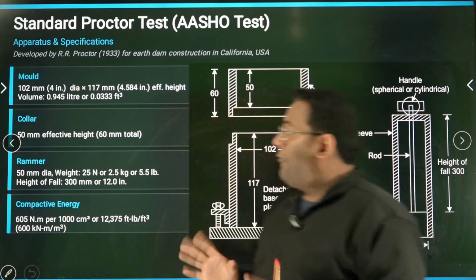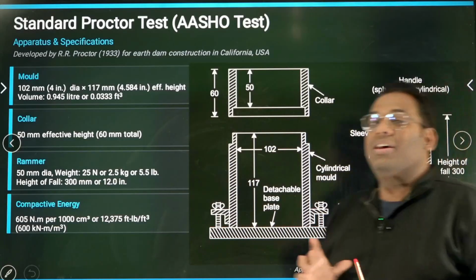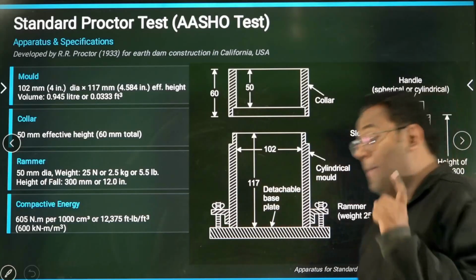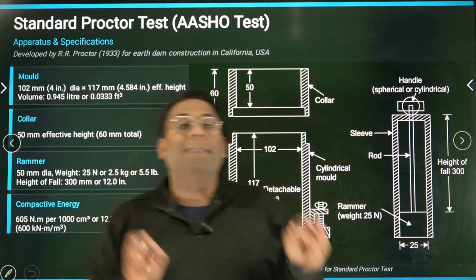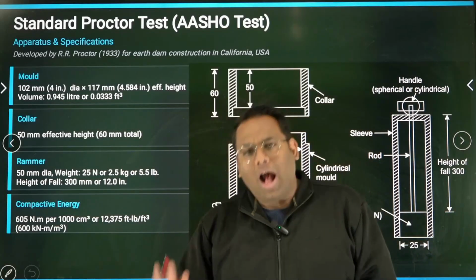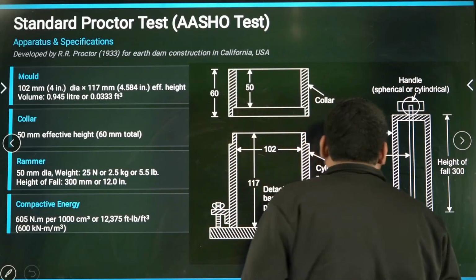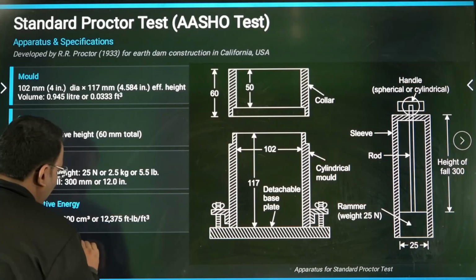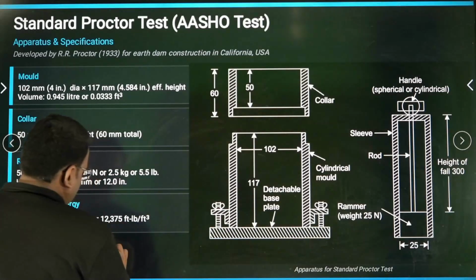Now, if I am going to talk about the compactive energy, then remember here that you have to calculate the compactive energy imparted by each blow and multiply that by the number of blows that are given in a particular test. So how you do that? That can be easily calculated using the formula of your potential energy. So how is the energy calculated? That is given as mgh.